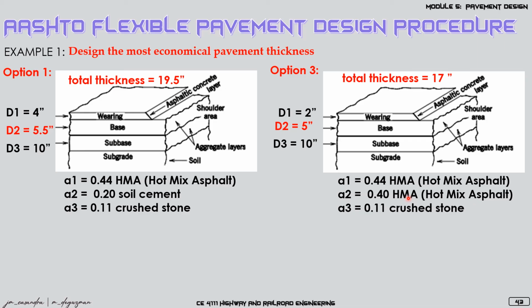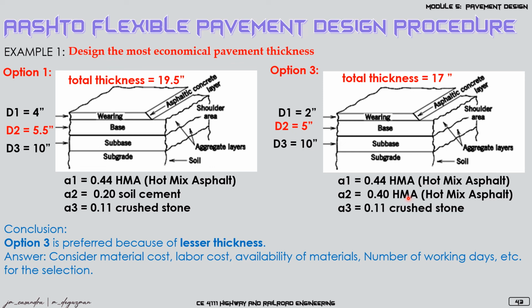Okay. So, which of option 1 and option 3 will I use now? What I will use here will be option 3. This will now be the preferred pavement thickness since there will be lesser thickness. Lesser thickness but still it follows our structural number of 3.94.